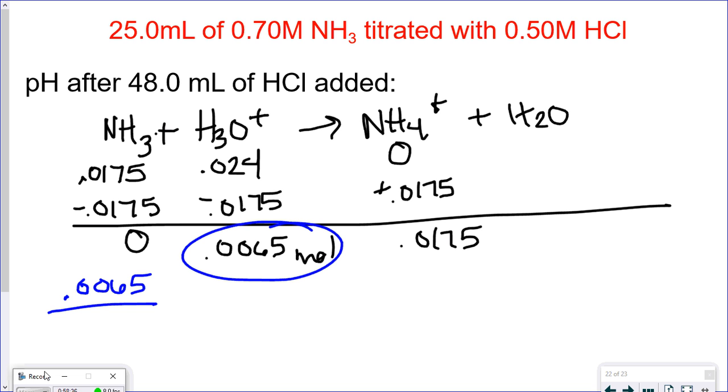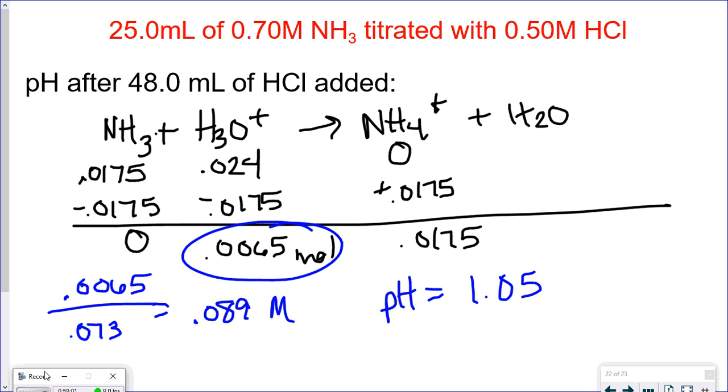Our total volume, the 25 plus 48, will be 73 milliliters. So our molarity is 0.089 molar hydronium. And when we plug that in to pH as the negative log of 0.089, our ending pH here will be 1.05. So it was the same steps as with a weak acid, just going in the opposite direction.